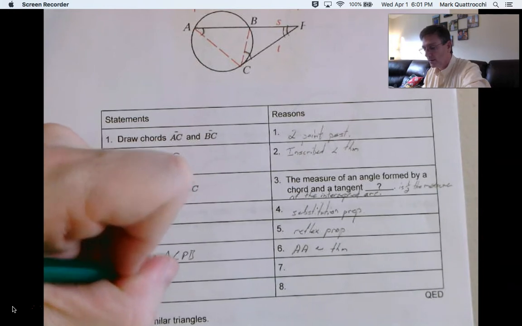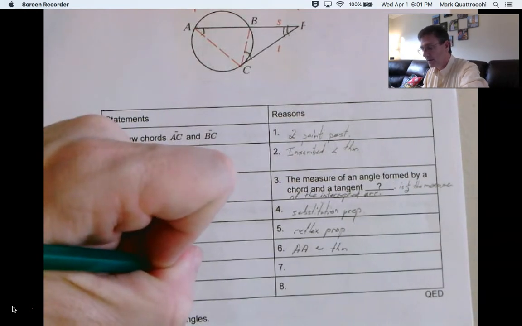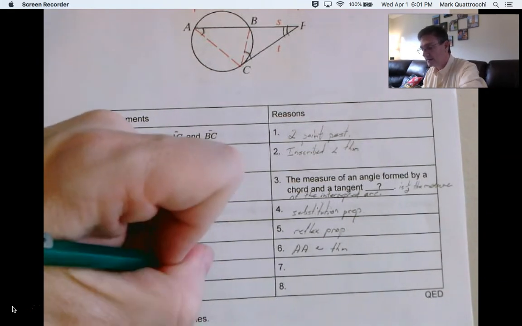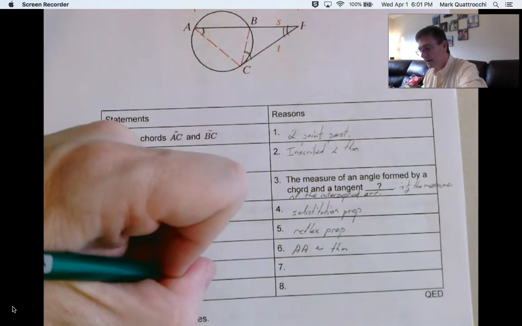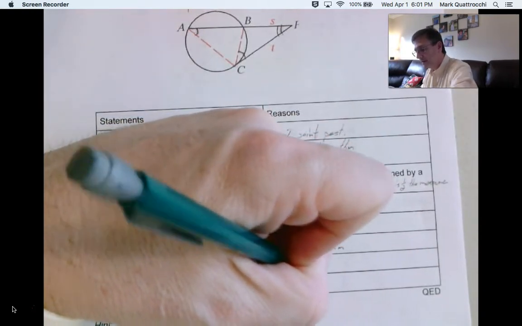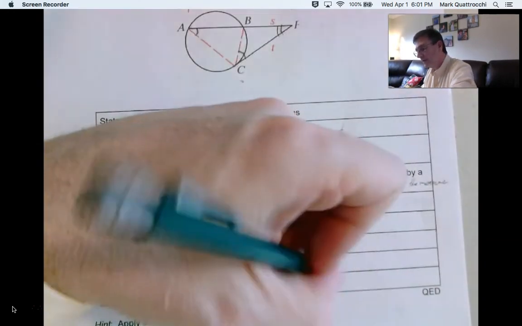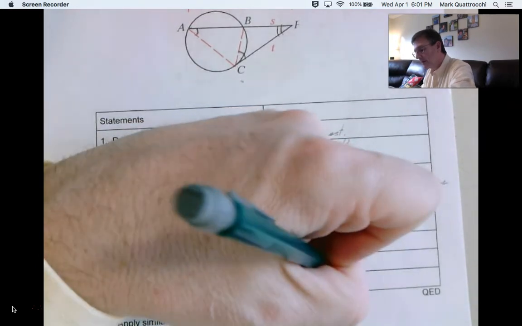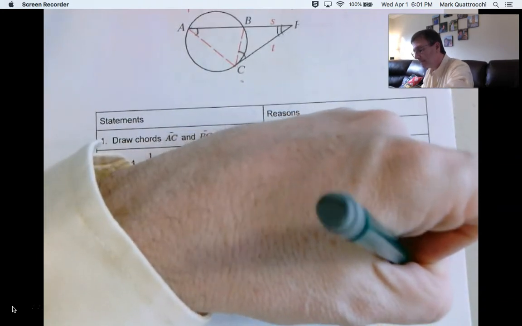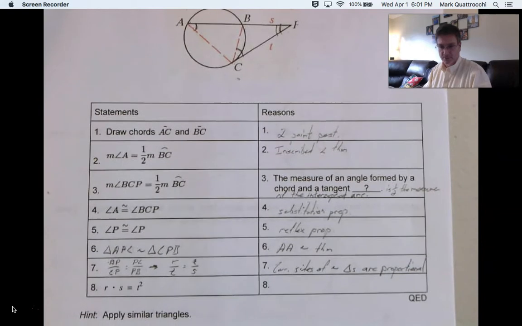Using the letters, we got AP is R, CP is T, and PB is S. Corresponding sides of similar triangles are proportional.